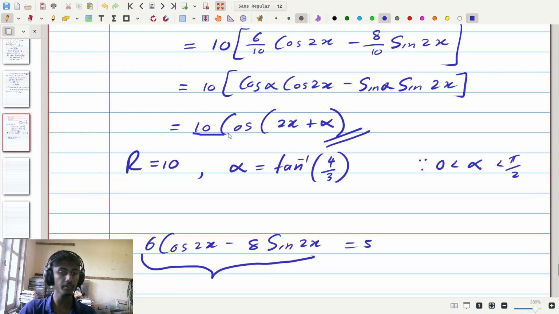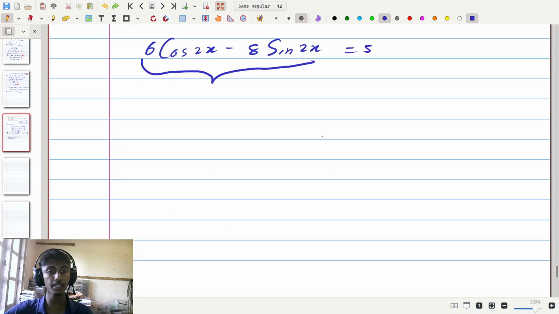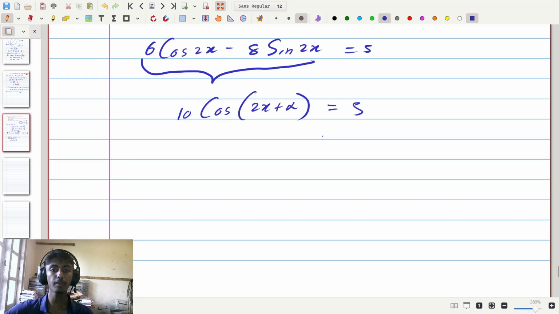So here we have 10 times cosine of 2x plus alpha. So substituting that in, we have 10 times cosine of 2x plus alpha being equal to 5. Now according to that, the cosine of 2x plus alpha is going to be equal to 5 divided by 10, which is equal to 1 over 2, which is also equal to the cosine of pi by 3.